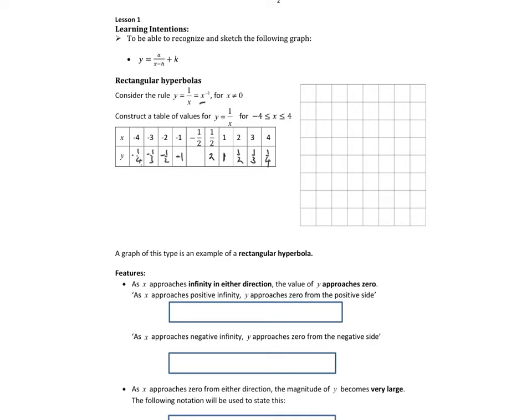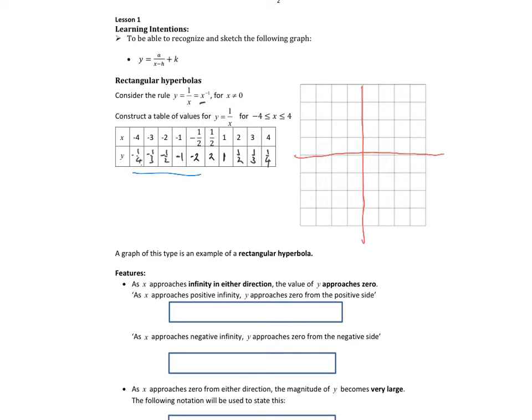1 over 1/10, I should say. So 1 over a half, 1 over a third, 1 over a quarter. 1 over 1/10 would be 10, etc. 1 over negative half is negative 2. So if we plot this section of the graph, let's just do a quick sketch.